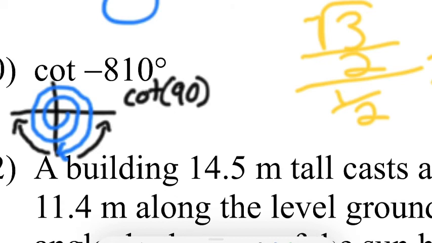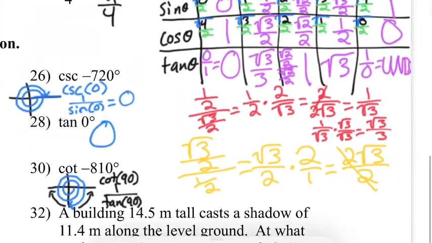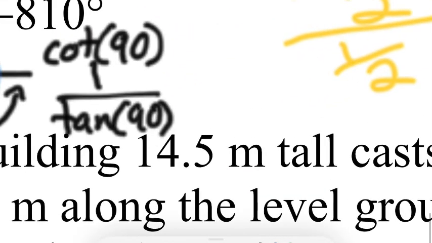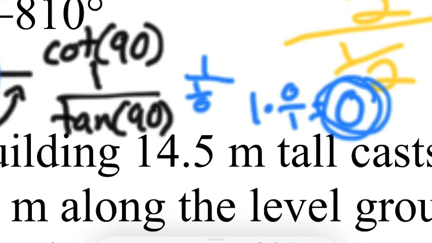Cotangent is not on our table, so we have to change it to 1 over tangent of 90. Tangent of 90 is 1 over 0. So 1 over 0, you change it to 1 times 0 over 1. You get 0. So your answer is 0.